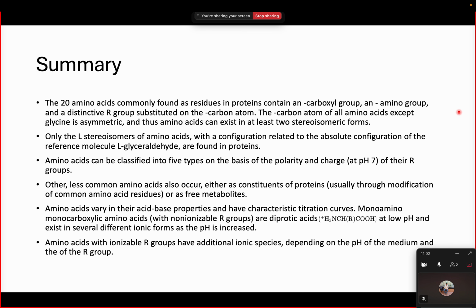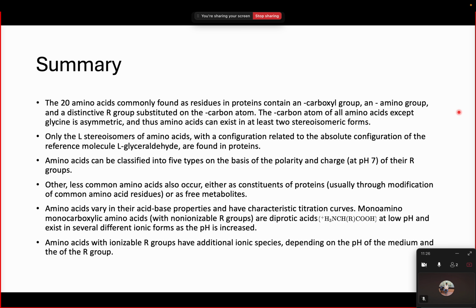The alpha carbon of all amino acids except glycine is asymmetric, and thus amino acids can exist in at least 2 stereoisomeric forms, the L form and the D form. Only the L stereoisomers of amino acids, with a configuration related to the absolute configuration of the reference molecule L-glyceraldehyde, are found in proteins.